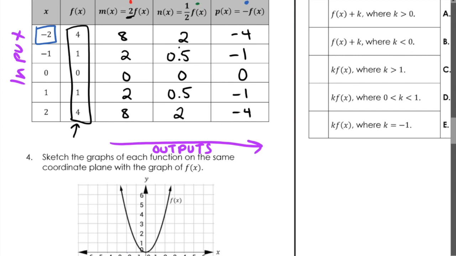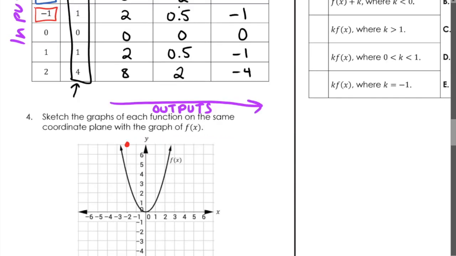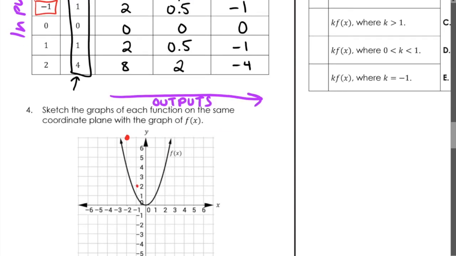So the red one would be right here. Then I have -1 and 2. So -1 and 2. 0, 0 is still going to be in the center. 1 and 2. So 1 and 2. 2 and 8.